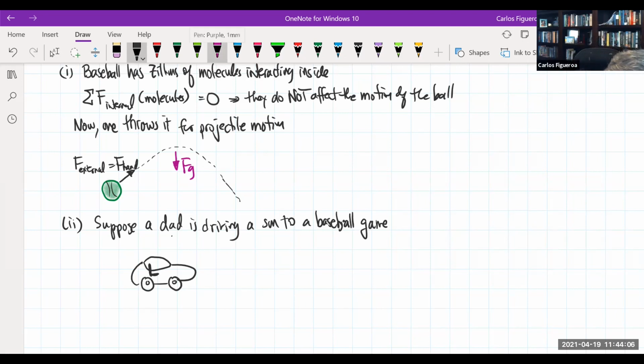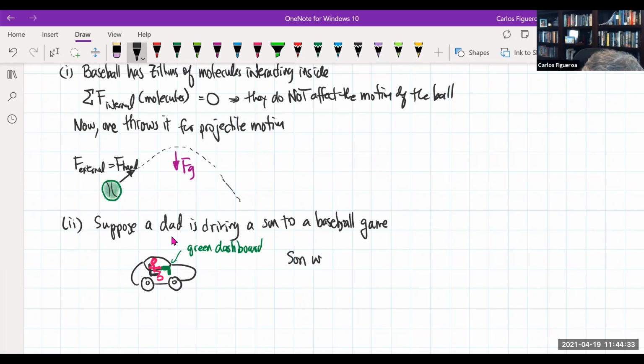So you could imagine here that there is this green dashboard. Okay, so this is a green dashboard. And what is the son doing? So the son is sitting right here, and he wants the dad to go faster, so he pushes on the dashboard.